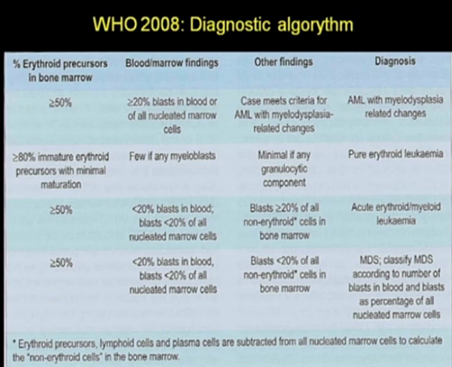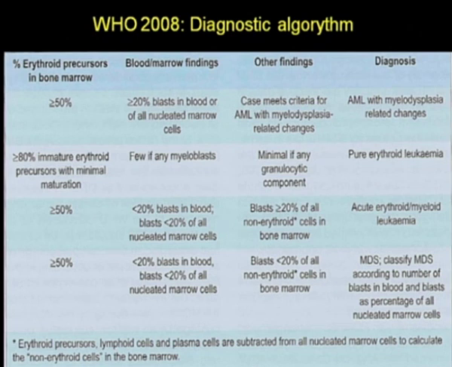If erythroid precursors are more than 50% and we have less than 20% of blasts in the blood, you should recalculate the percentage of blasts among non-erythroid cells, the NEC, and if the result is more than 20%, you are in the context of acute erythroid or myeloid leukemia, and vice versa. If the blast percentage of the NEC is less than 20%, you are in the context of MDS.